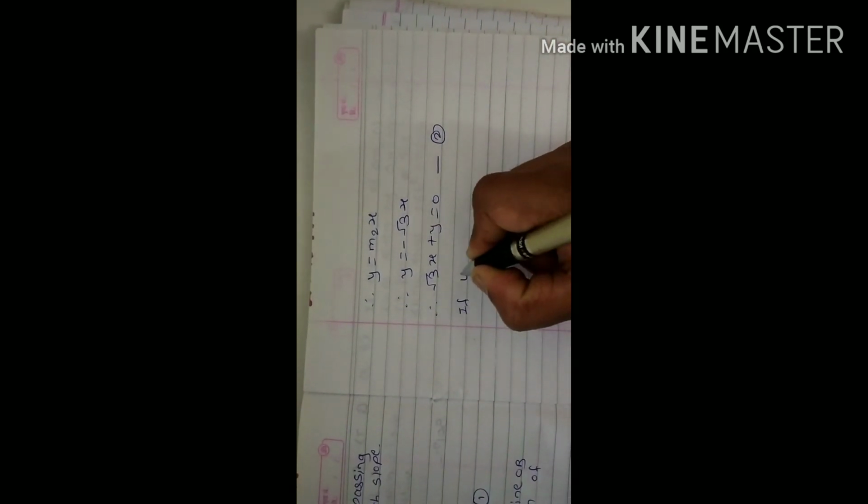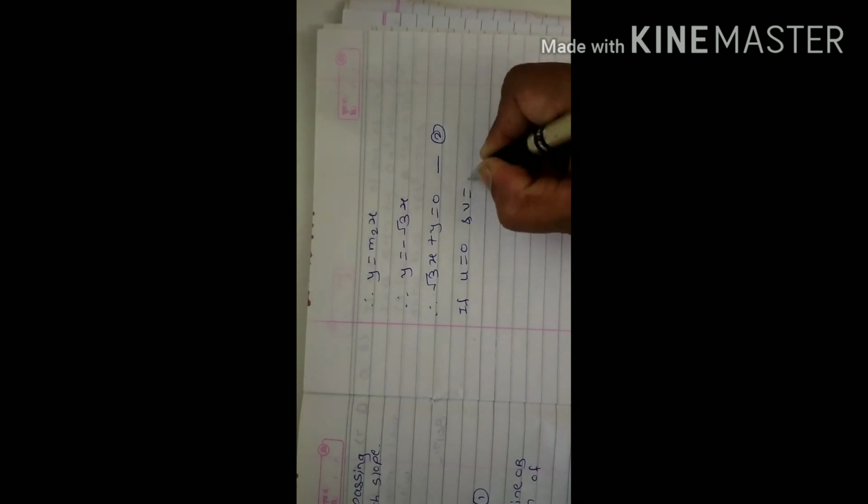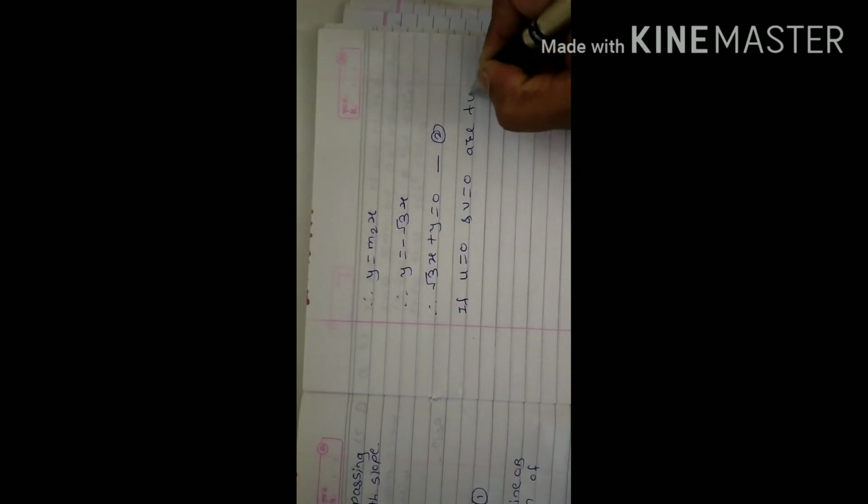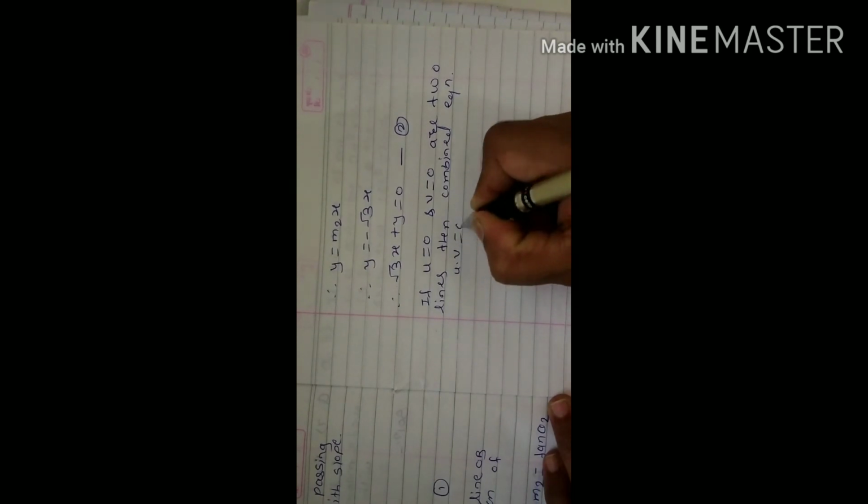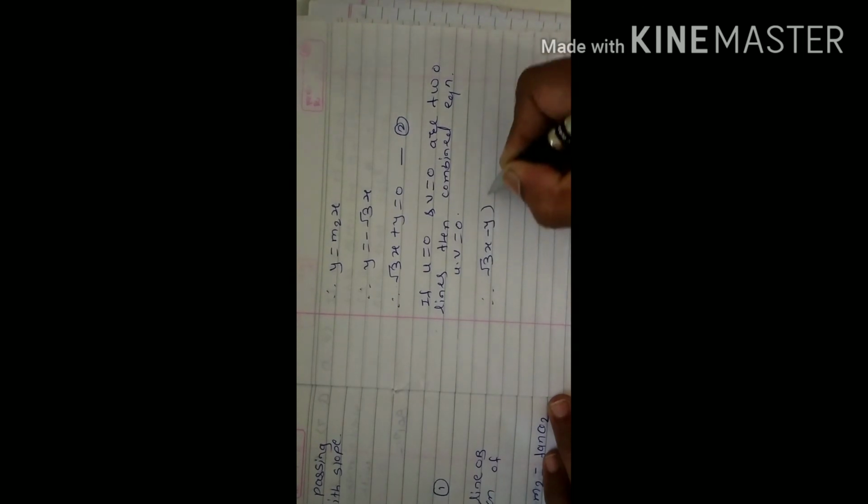If u is equal to 0 and v is equal to 0 are two lines, then the combined equation is u into v is equal to 0. Therefore, root 3x minus y into root 3x plus y is equal to 0. We know the formula a minus b into a plus b is equal to a square minus b square.